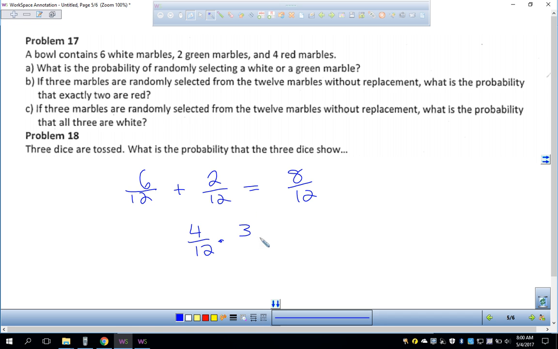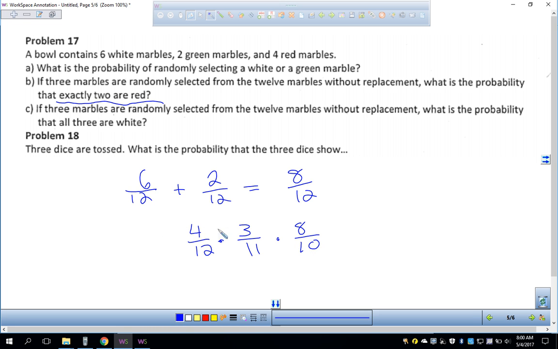Now I want exactly 2 being red, so for the third marble I can't get a red. I can choose from the other eight marbles, either a green or a white. So I have 8 out of how many are left in the bag? 10.